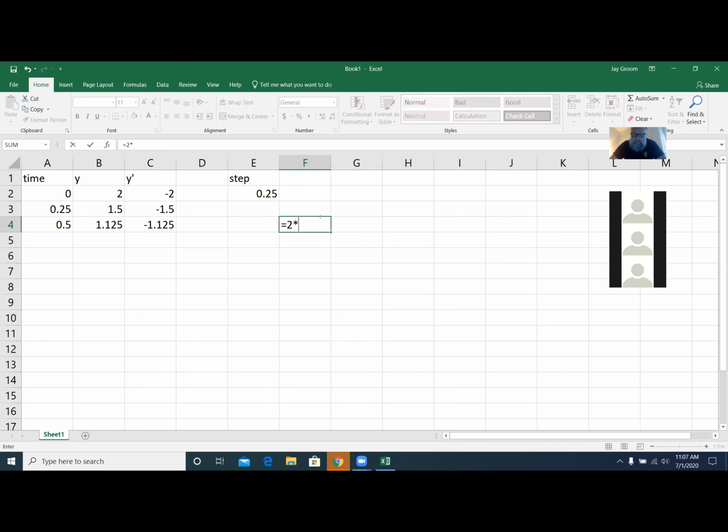So 2 times exp of negative 0.5, because I'm interested when x is 0.5. So this is the actual value. This is my approximated value. Geez, I'm off by, I don't know, let's find out. Just see how close I am.